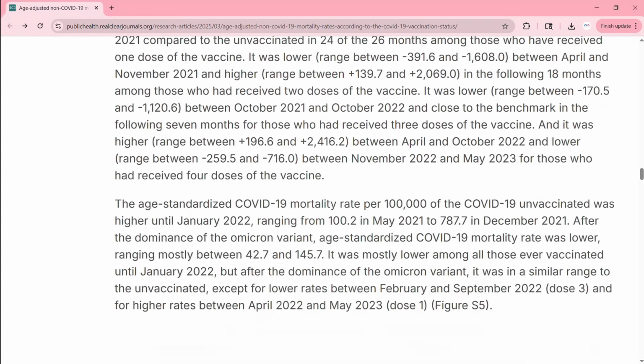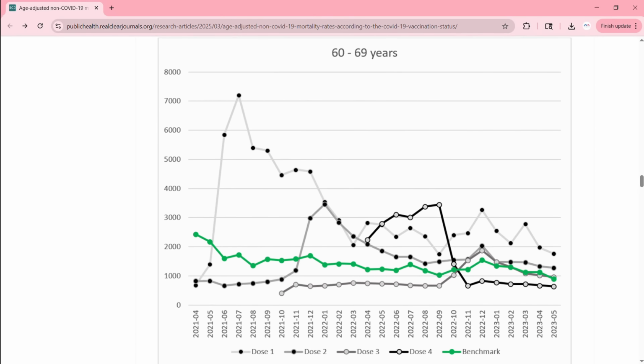Now for the one-time shot, I believe it was 24 months out of 26 that those who took 1 shot, the mortality was higher than non-vaccinated. For 2-time shots, now the script flips here. 18 out of 26 months, the mortality was higher than non-vaccinated, okay? For 3-time shots, the script also starts to flip here.